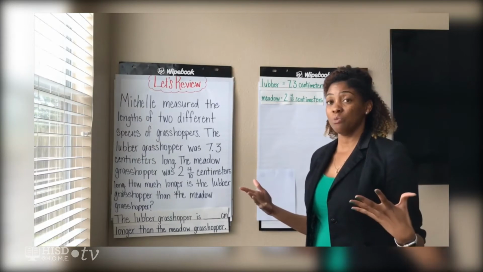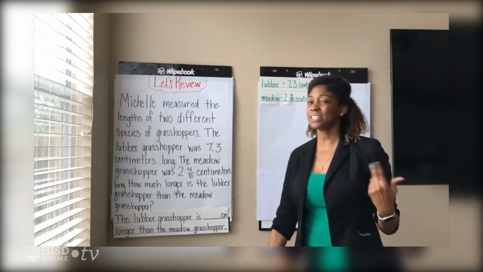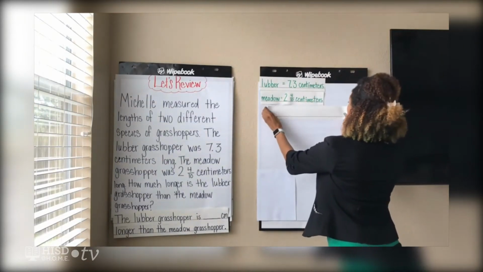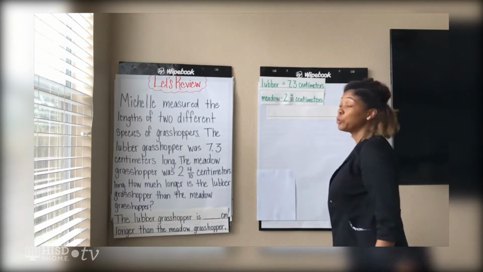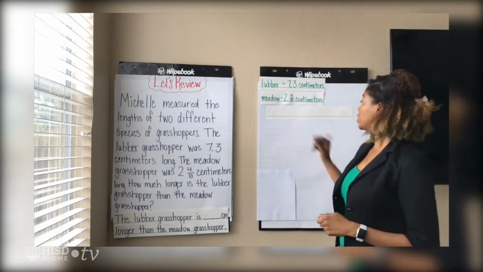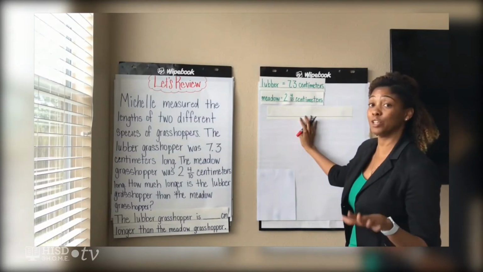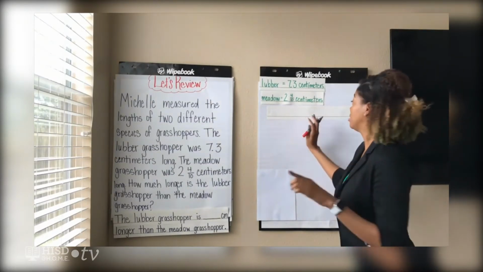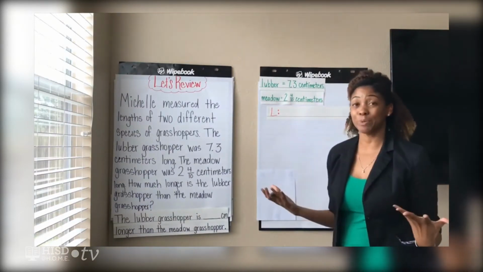So that way, we can go ahead and do that strip diagram. Let's start with our large grasshopper first. So we'll call this our lubber, since that's the largest grasshopper. So I'm going to write lubber in the sentence strip to represent our lubber grasshopper. And instead of writing the whole word out, I'm just going to put an L. So I know that's lubber.